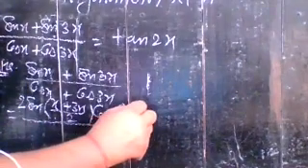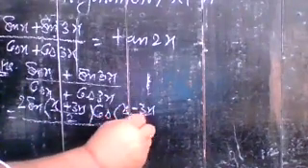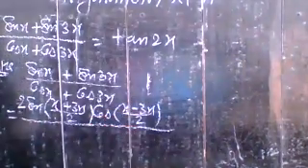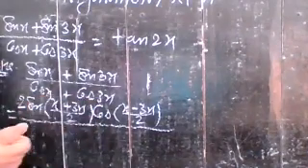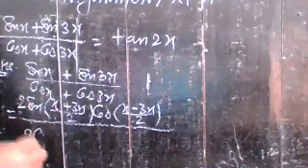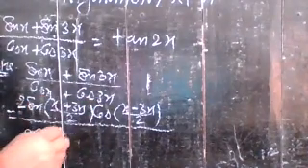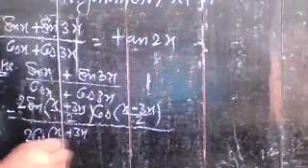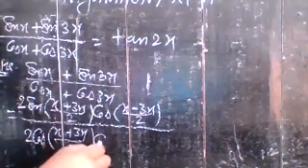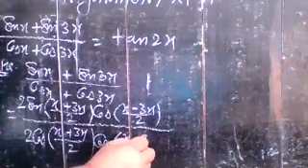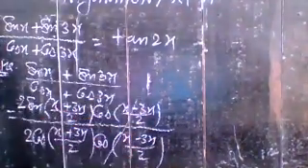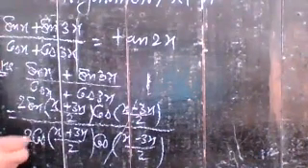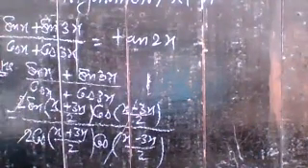So x minus 3x by 2, you write in this way. In the same way, cos x plus cos y, so 2 cos (x plus 3x by 2) and cos (x minus 3x by 2). So here you see that these two terms may cancel out, and here 2 and 2 cancel out.